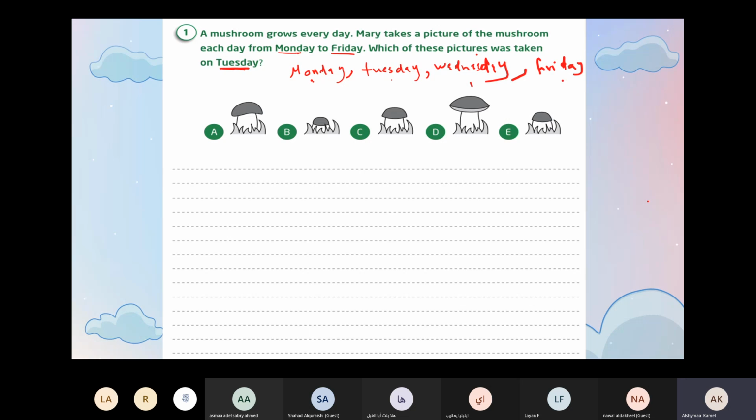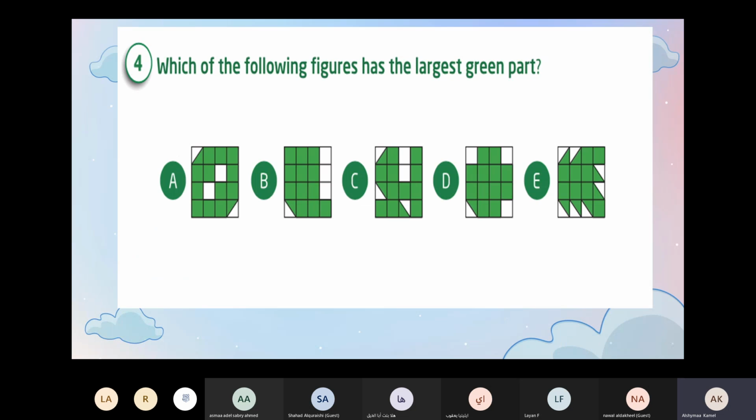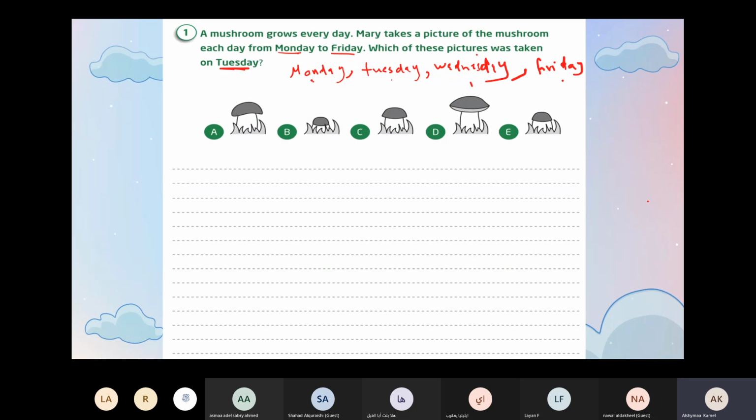It could be A, B, C, D, or E. Who answered E? A is of course not the right answer, because she only started to plant it on Monday, and we want the picture for the second day only, Tuesday.